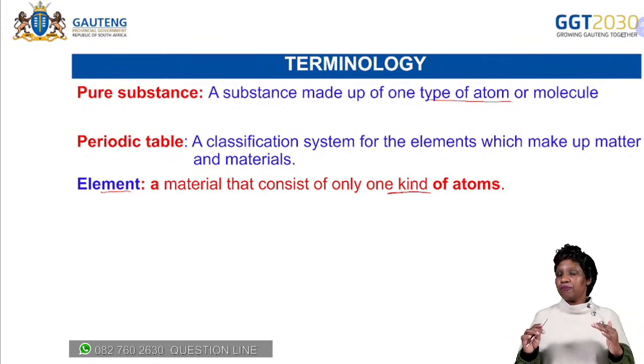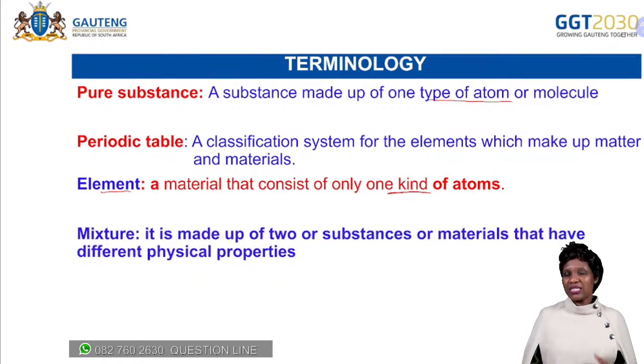We've got a periodic table of elements with all the known elements in the world. And then what about a mixture? How can we define a mixture, grade 8? If you take raisins and nuts and mix them together, it becomes a mixture. If you mix different things, it becomes a mixture.